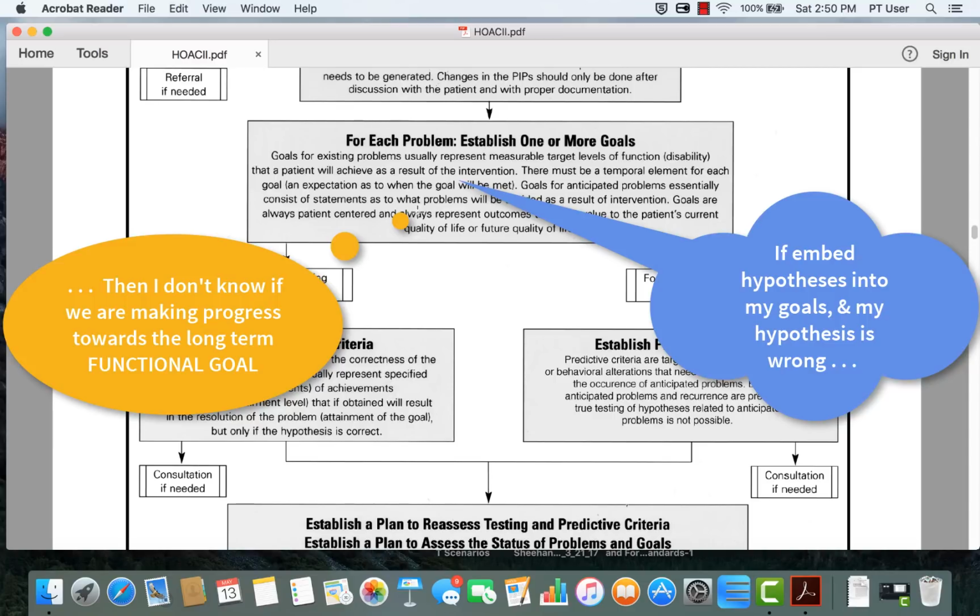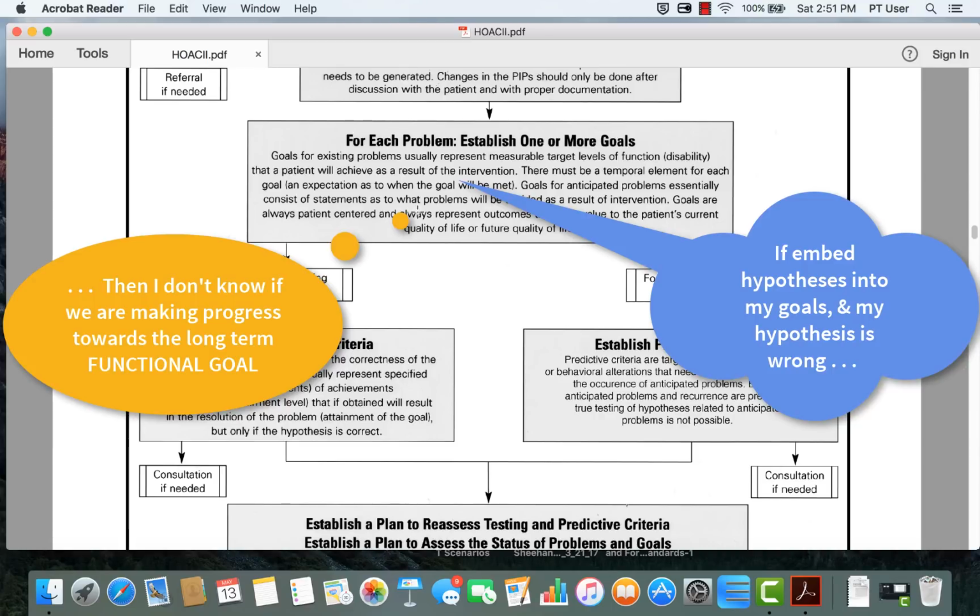Well, if my hypothesis is wrong, they might improve their muscle strength, but if someone comes to you and says, are they getting close to reaching their goals? If my hypothesis is wrong, you could be giving wrong information. You might say yes, but you're basing it off your hypothesis. And you don't know if your hypothesis is right.